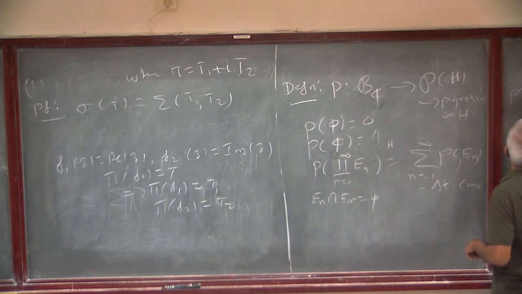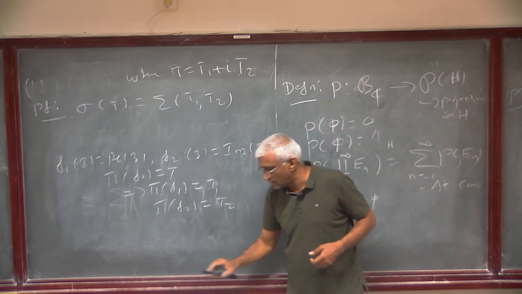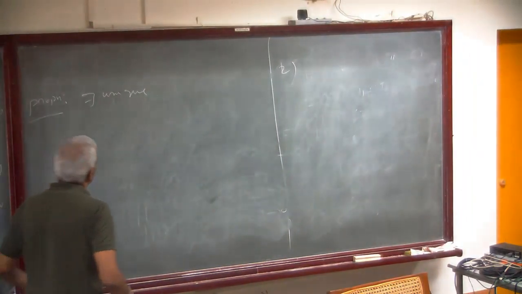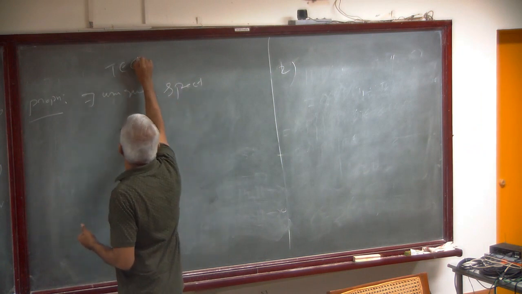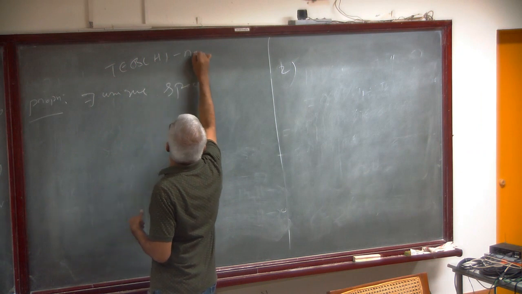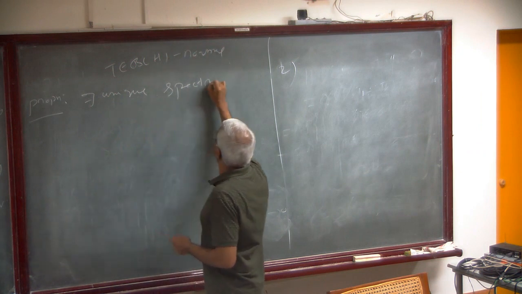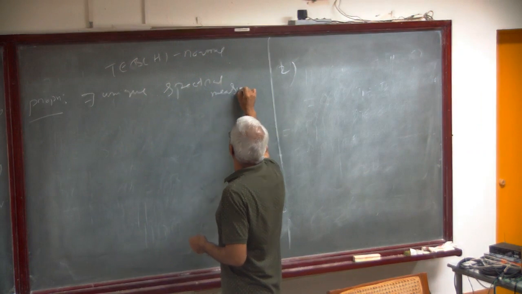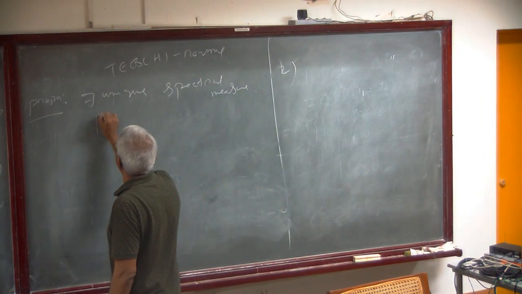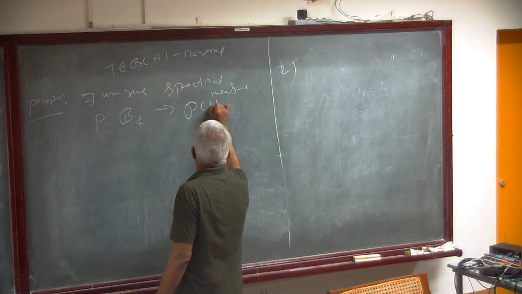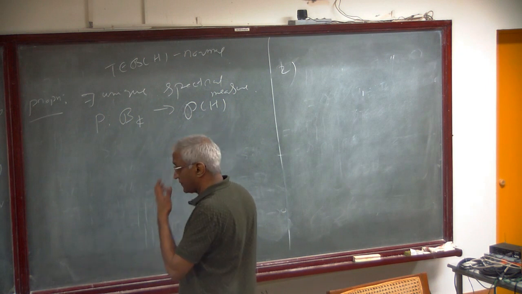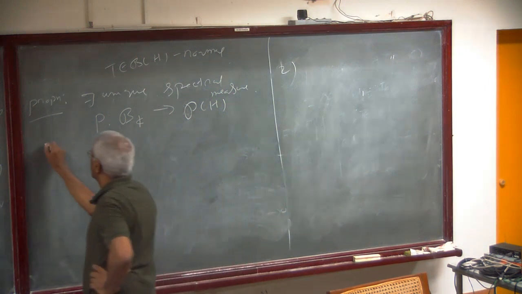So proposition: there exists a unique spectral measure. So T is normal, T in B of H normal. Then there exists a unique spectral measure corresponding to this T, P from the Borel sigma algebra of C to P of H, such that the following statements are true.